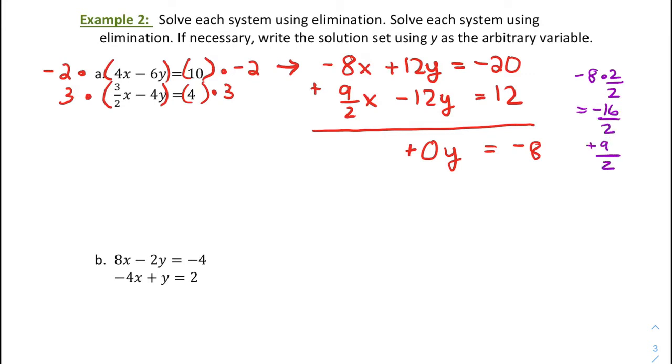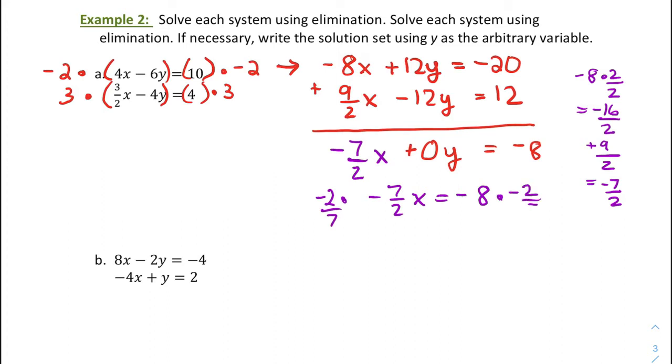And then if I add 9 over 2 to that, that's going to give me -7 over 2. Okay, so I've got -7/2 x equals -8. So my y is eliminated like I wanted, and now I could just multiply both sides by -2 over 7 to get my value of x.